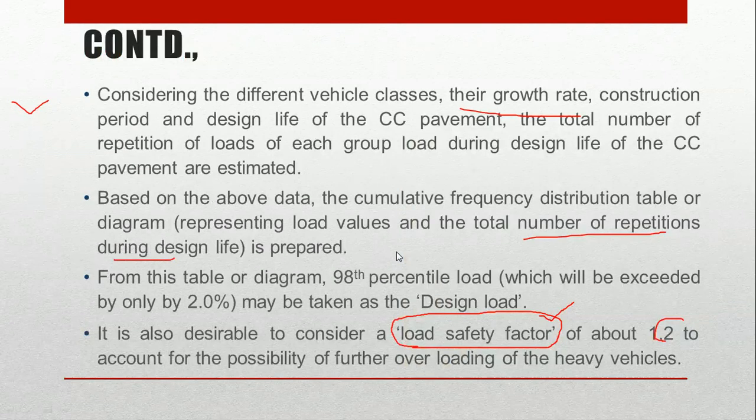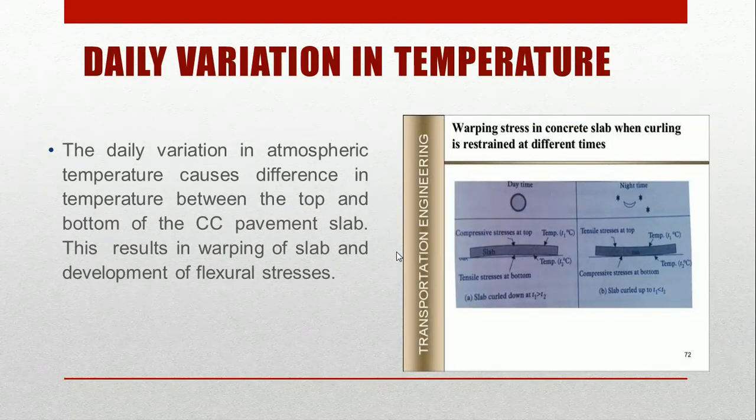So these are all the steps in which we have calculated the maximum wheel load which is coming on the road surface. Why? Because if the wheel load is estimated, the corresponding stresses which have been induced we can easily find out in the design.